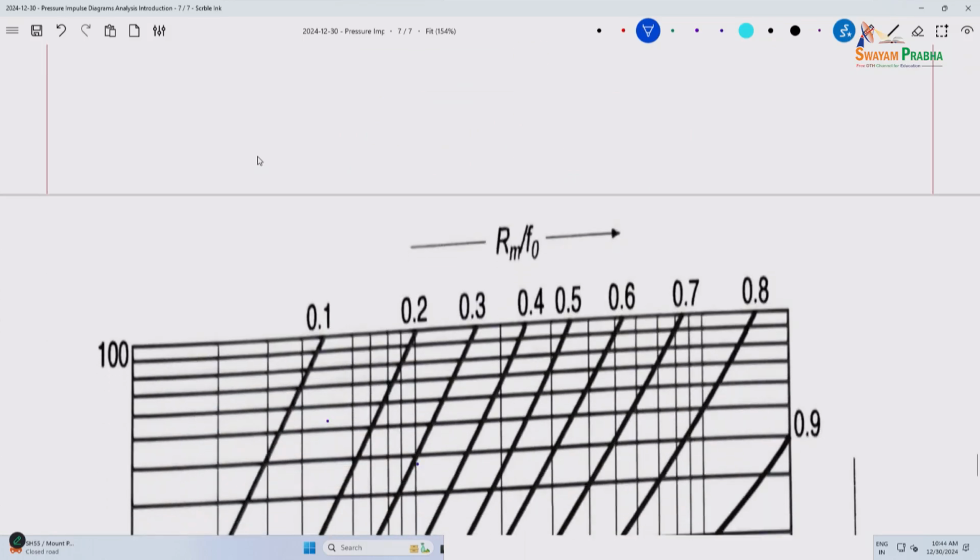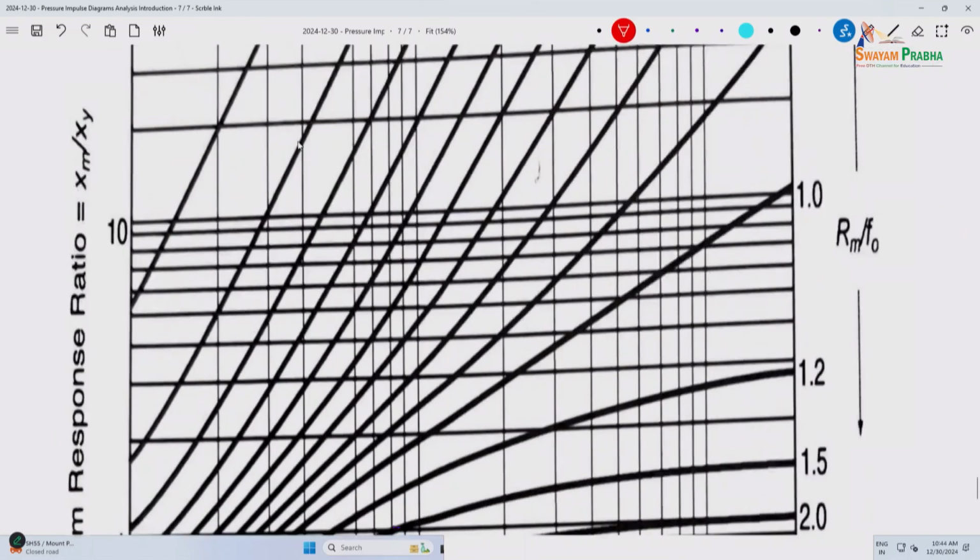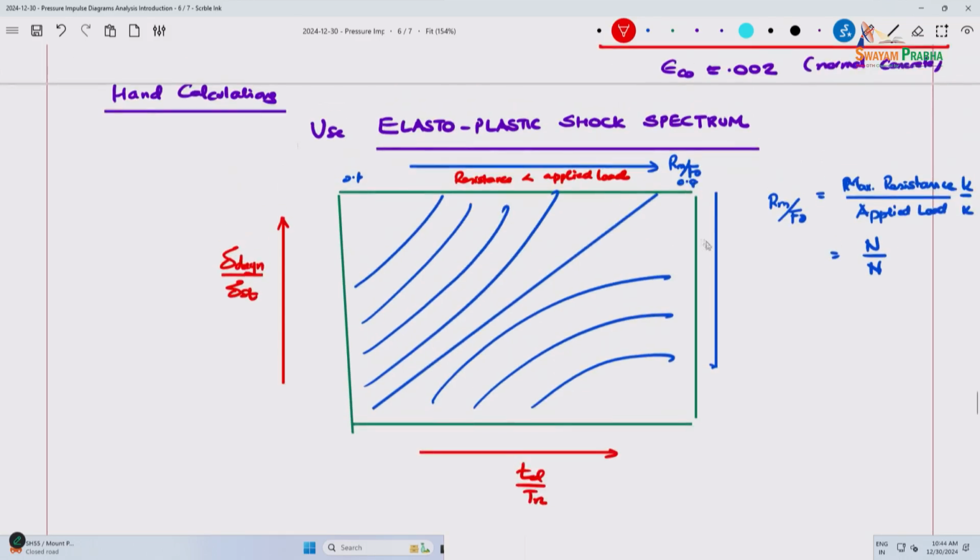It starts with 0.1 to 0.8. That tells you that the resistance is less than applied load. And here it goes from 0.9 to 2.0. In this region, the resistance is greater than applied load.